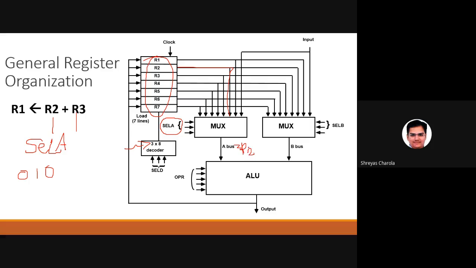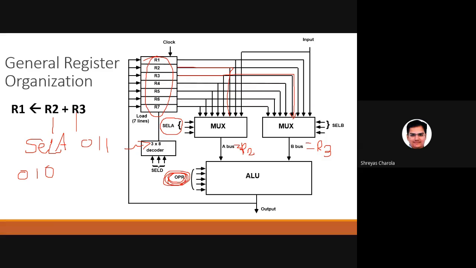If the selection line of B is 0,1,1, that means R3 will be available over here, and the B bus will be loaded with R3. Is this all clear? Understand? Yes, sir. Okay.